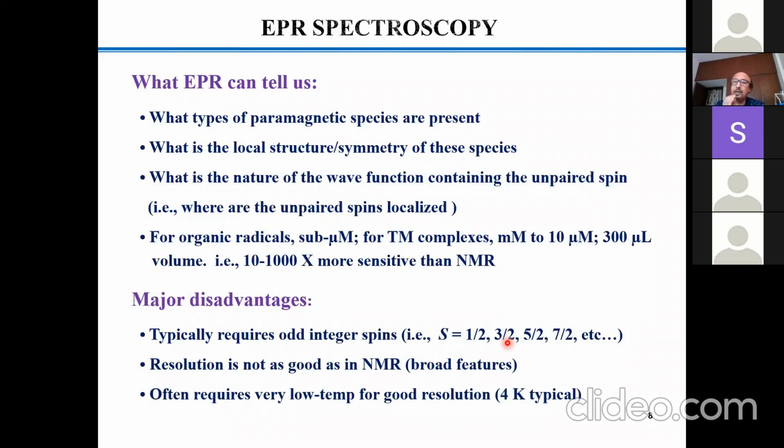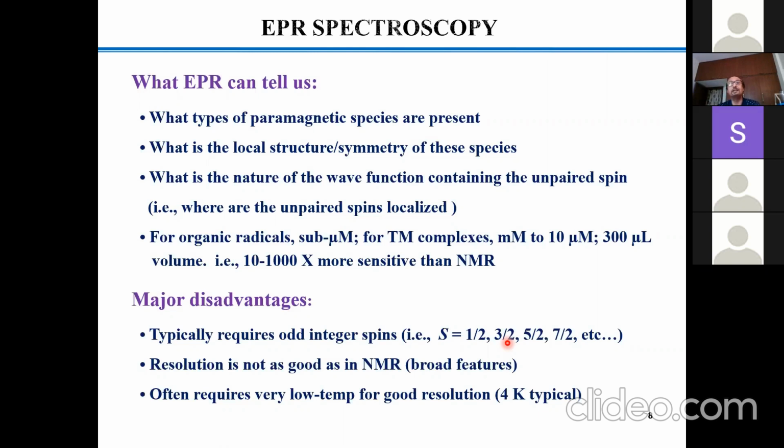You have to have at least one unpaired electron, if not more, unlike NMR. And its resolution is not as good as NMR. NMR you can do at room temperature, and mostly we do NMR at room temperature and get very good spectra.